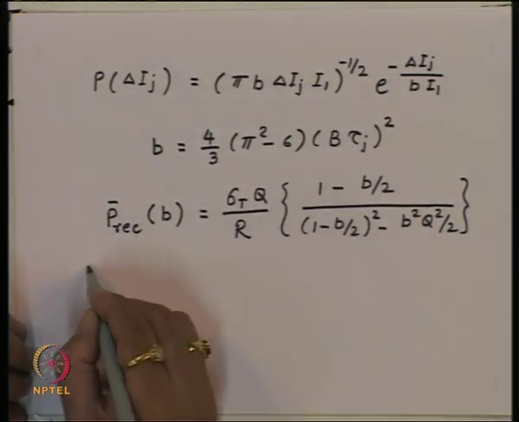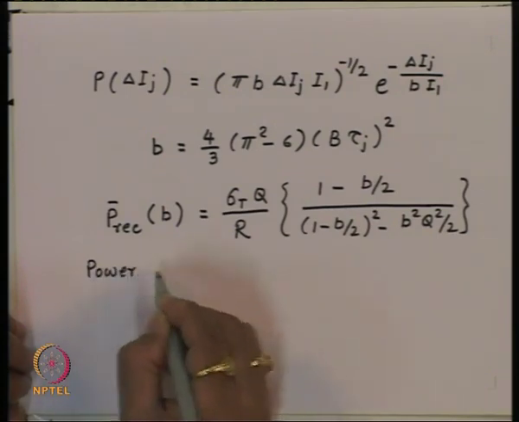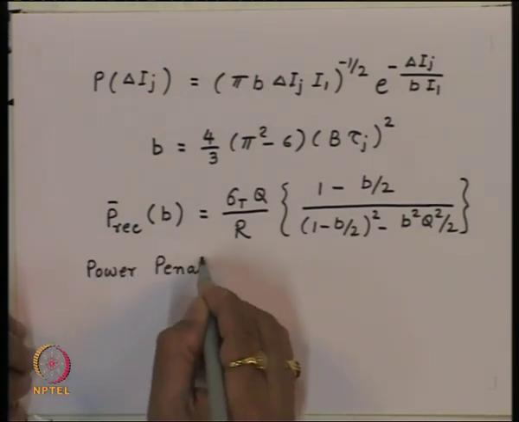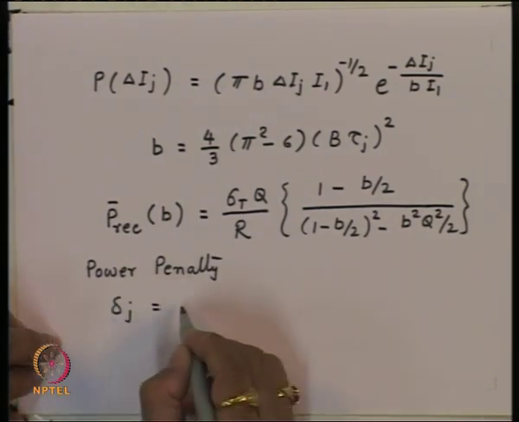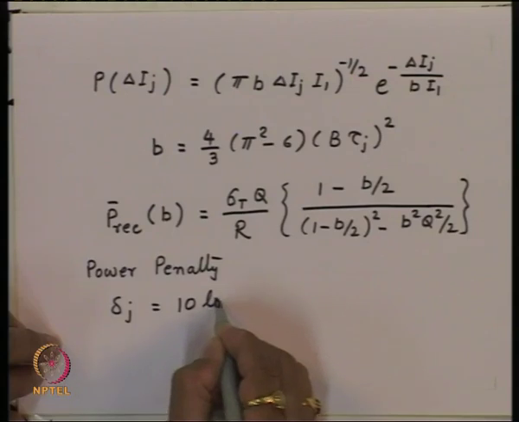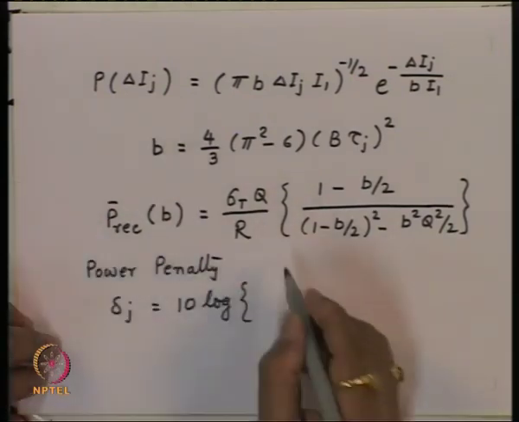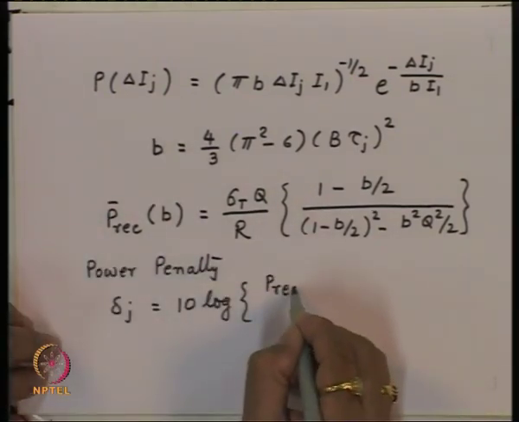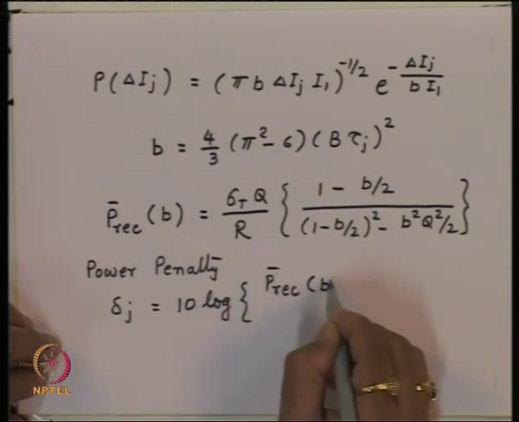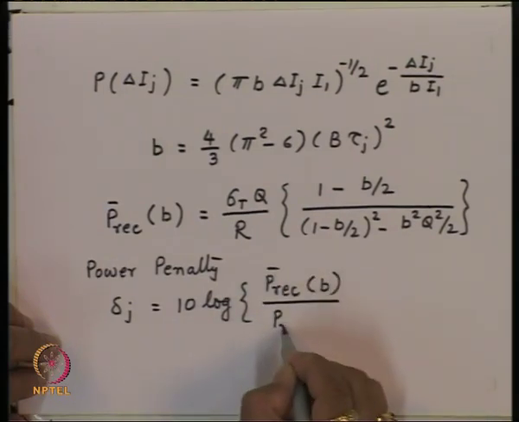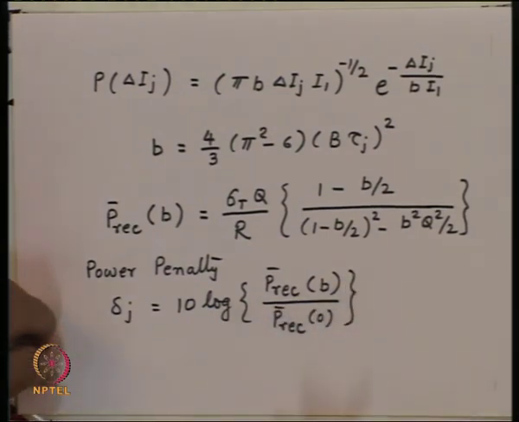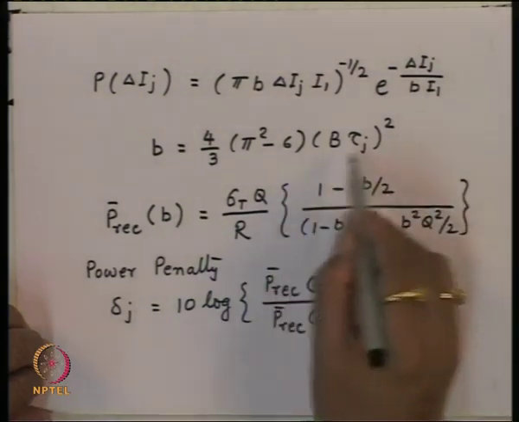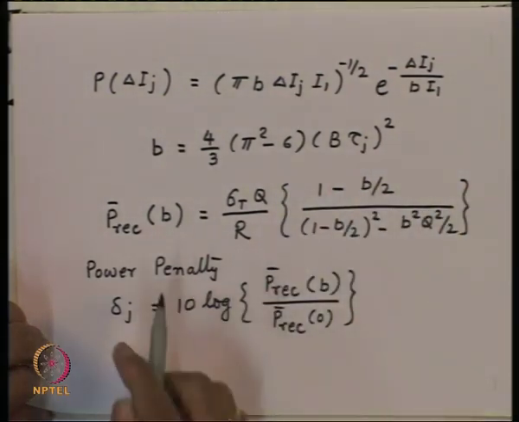So, we can define now the power penalty delta j, that is 10 log of again the same thing, which is P received for b divided by P received when b equal to 0.